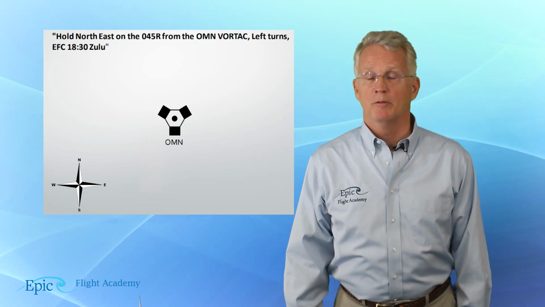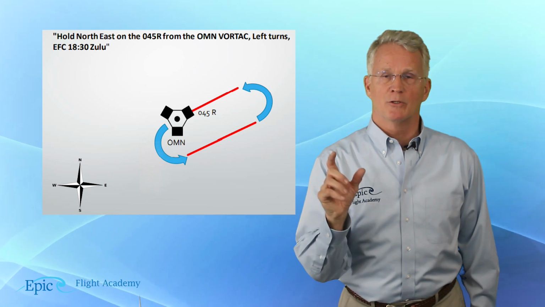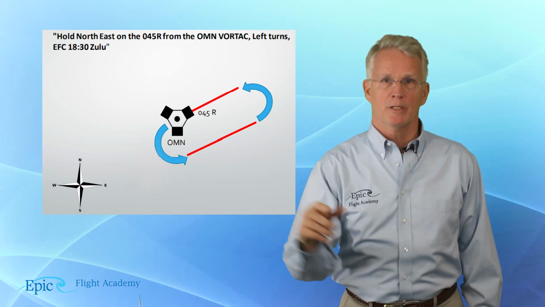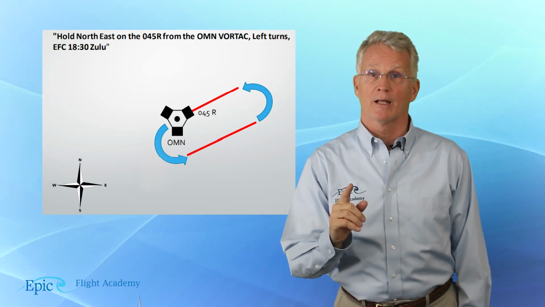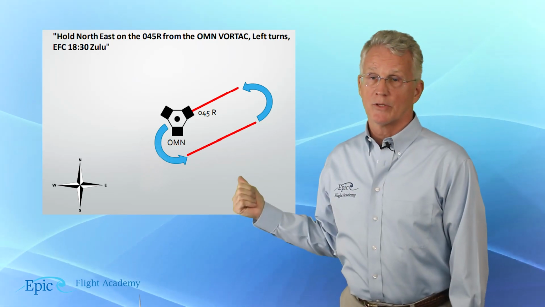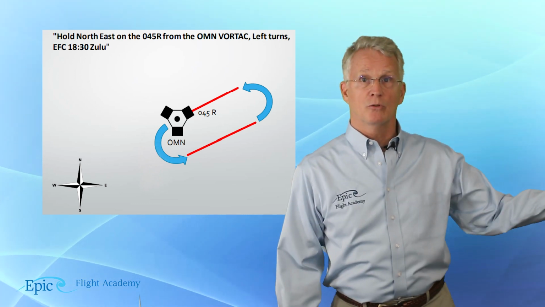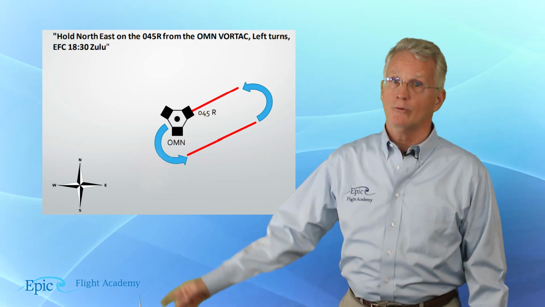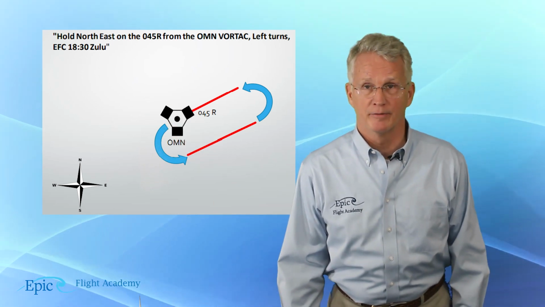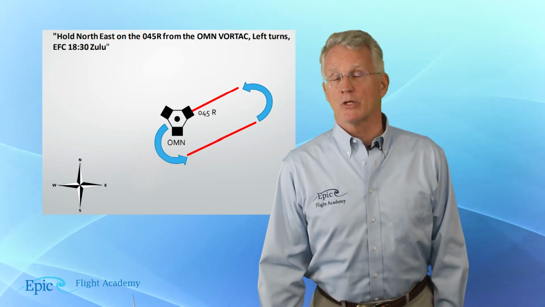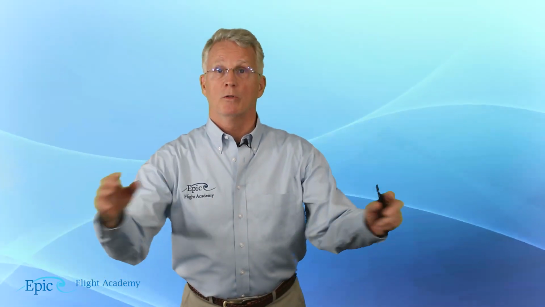So my inbound course would be, and if you said 225 degrees, you're correct. And now when I hit that Vortac, take a look at the example. I'm not going to turn right because the instructions said to turn left. My outbound course will be 045.